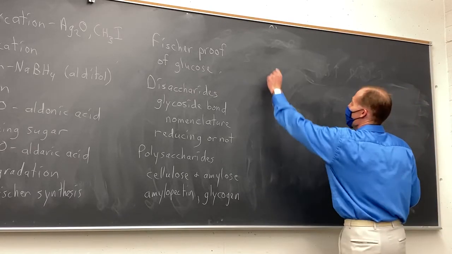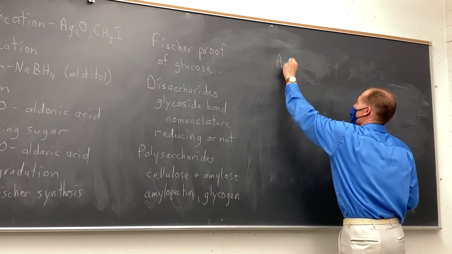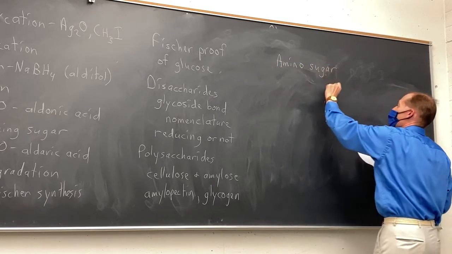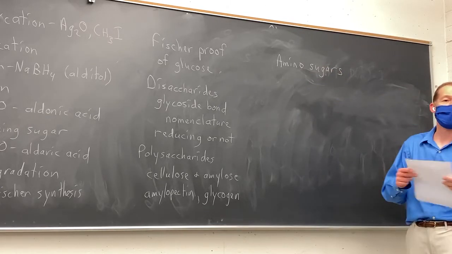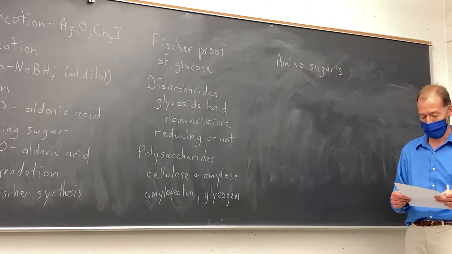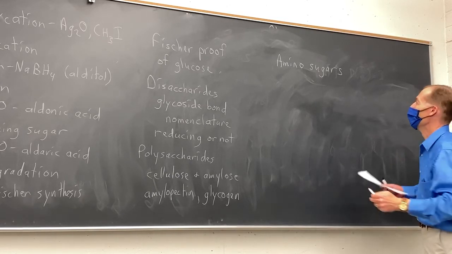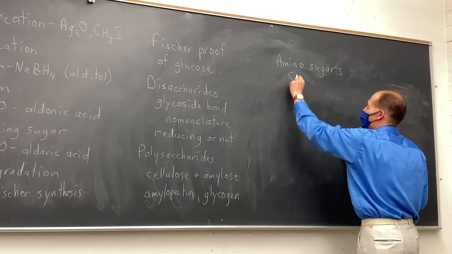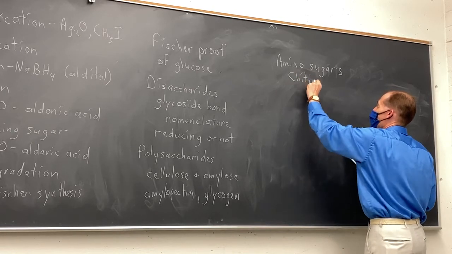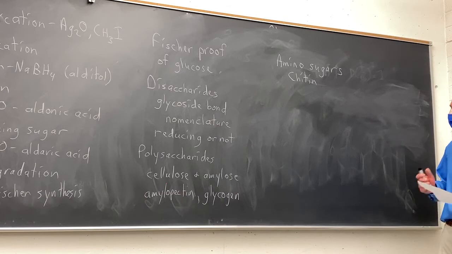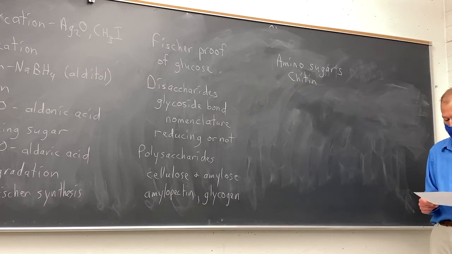Then we talked about amino sugars. Basically, just being able to recognize the structure of an amino sugar is the skill that you would want to have here. And then there was a polysaccharide that had an amino sugar in it, chitin, which is a relative of cellulose, a similar structure to cellulose.